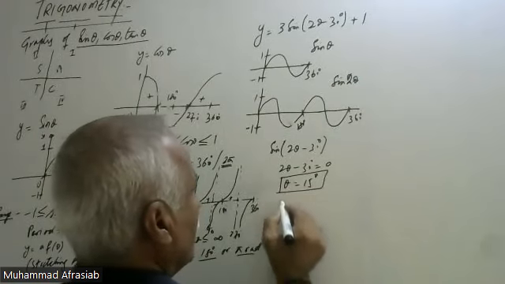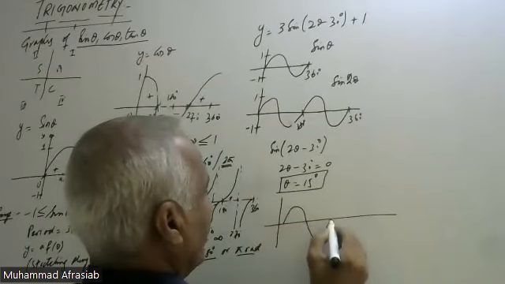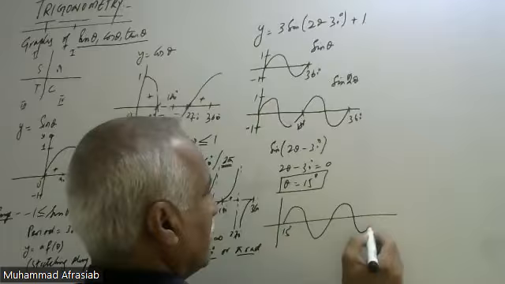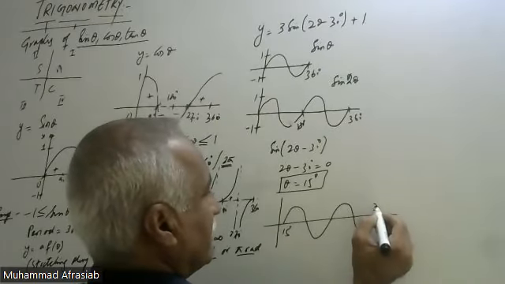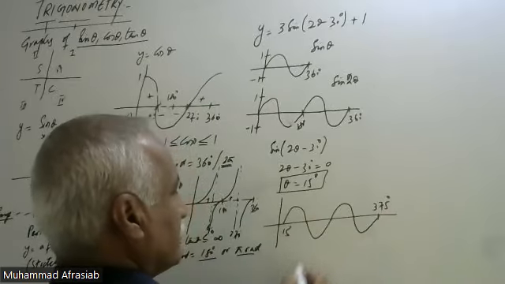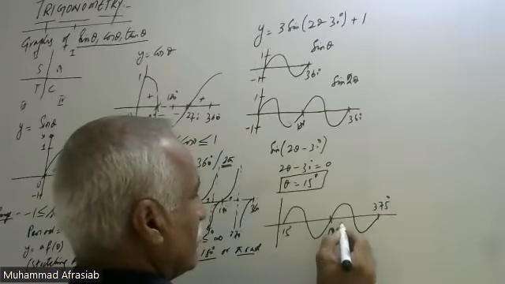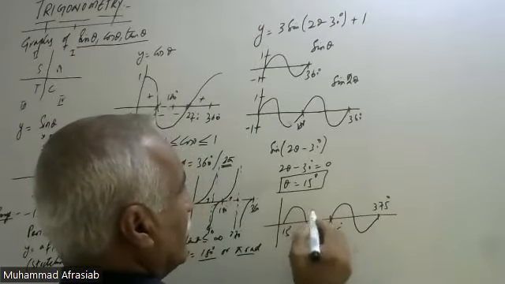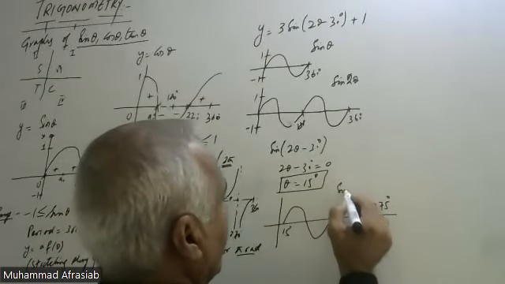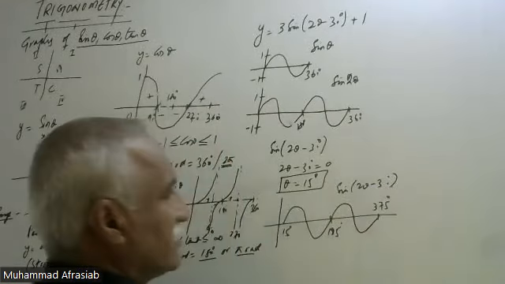So this means the whole graph will be shifted 15 units towards the right side on the x-axis there. So this is the graph of sine of 2 theta minus 30 degrees.